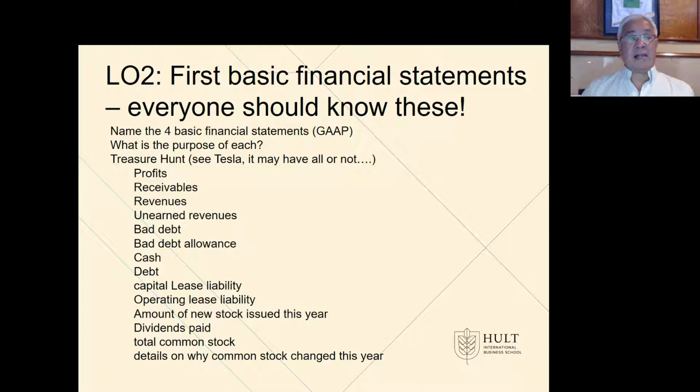When we look at balance sheets and income statements, there are 4 statements, the other 2 being the statement of cash flows and the statement of shareholders' equity. So those are the 4 basic statements. And that's required by GAAP. So every single company has those 4 statements. As far as the purpose, the income statement tells us how much profit we made during the year. The balance sheet tells us what our assets, liabilities, and capital are as of the last day of the reporting year.